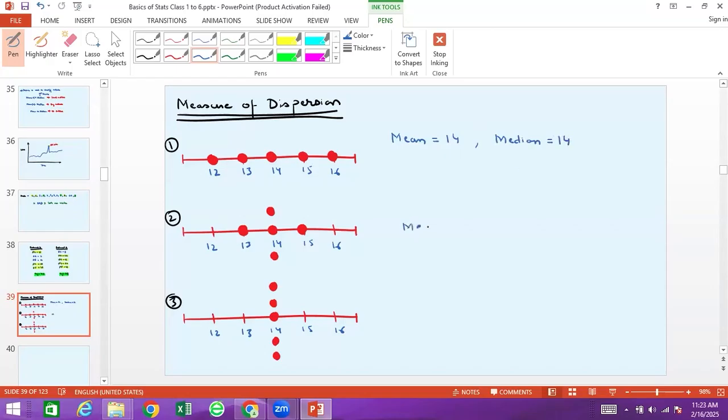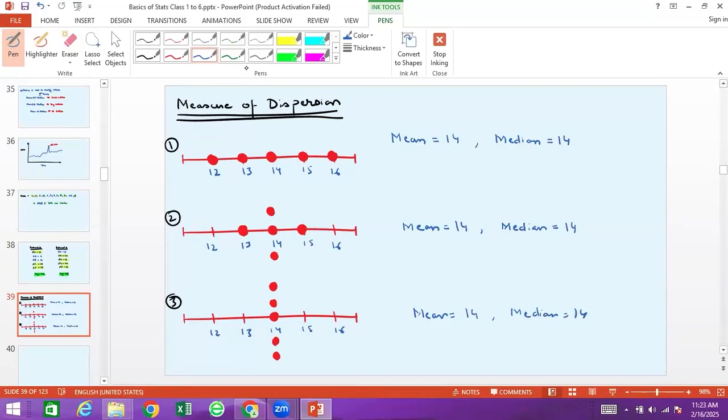If I ask about this, what is the mean of this distribution? 14. And the median? Again, 14. And similarly, if you look at this also, because all the data points are exactly the same, the mean will also be 14 and the median will also be 14.